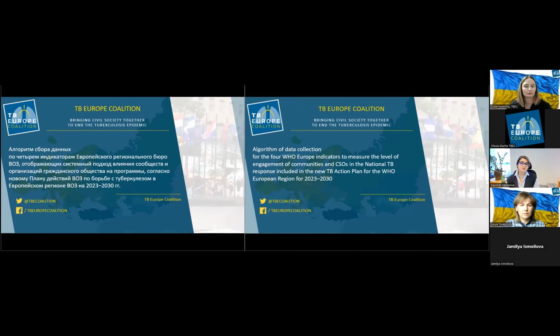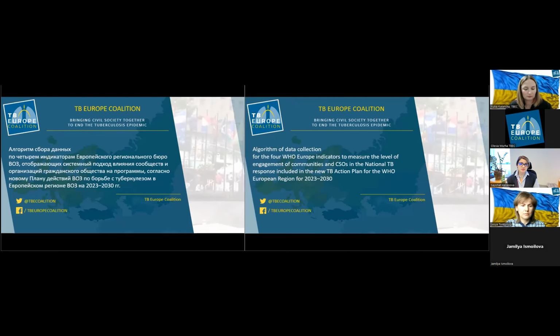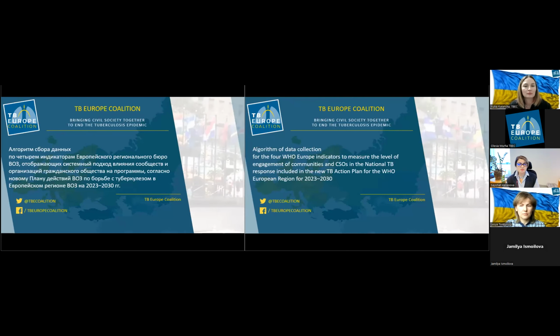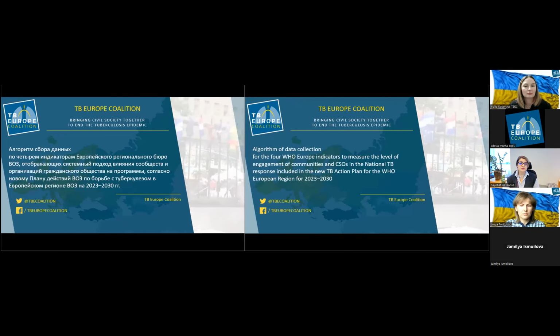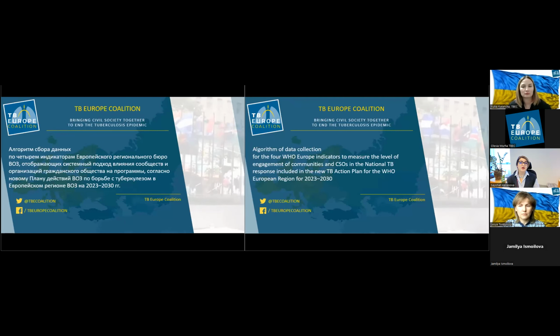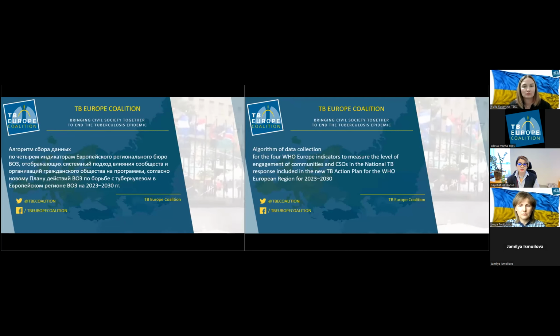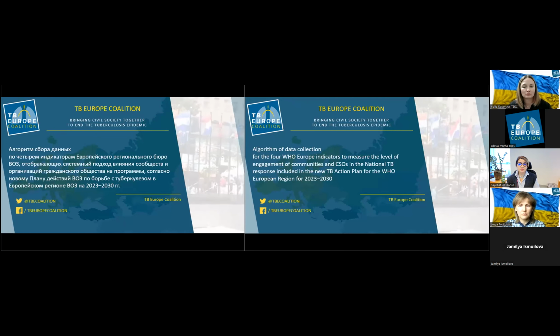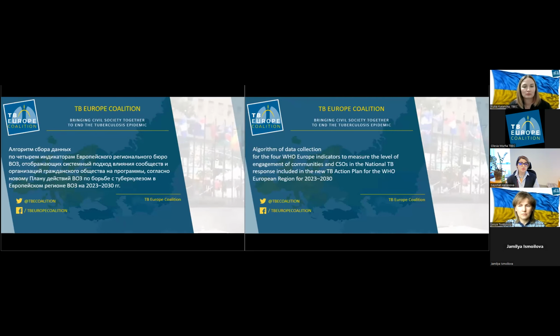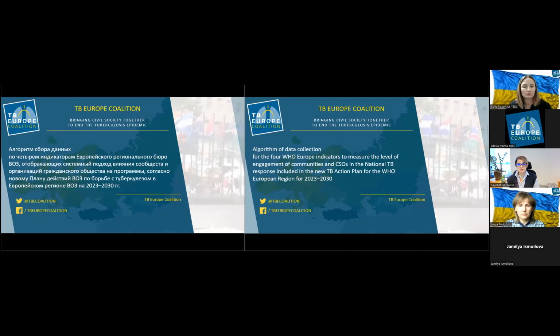Months ago in Almaty, we held a very helpful training to enhance the capacity of civil society and affected communities in monitoring and review of national TB programs. And I am happy that we continue with this initiative.